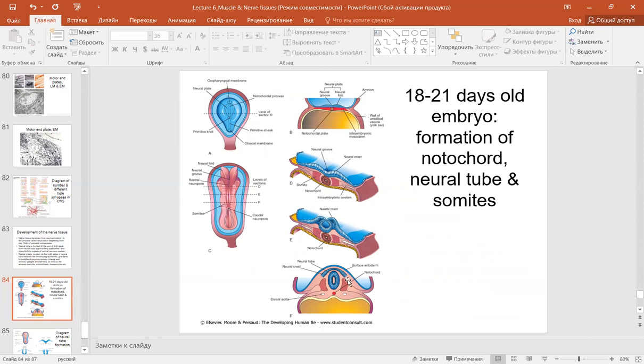Remember what we are talking about. Somites, the notochord, the surface ectoderm developing into epidermis. This is a general view of the developing embryo. This is a cross-sectioned embryo on the day 18 to 21 of neurulation of the embryo development.